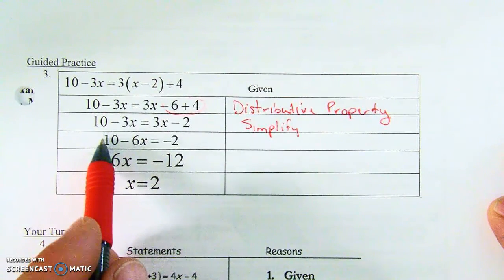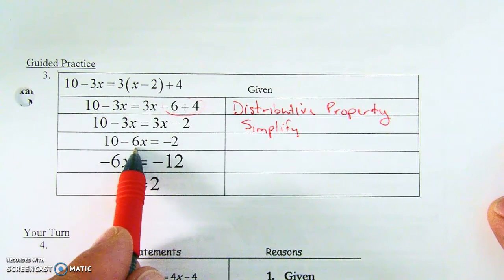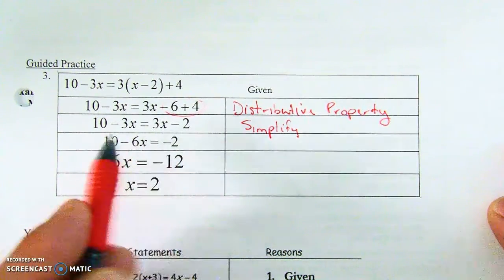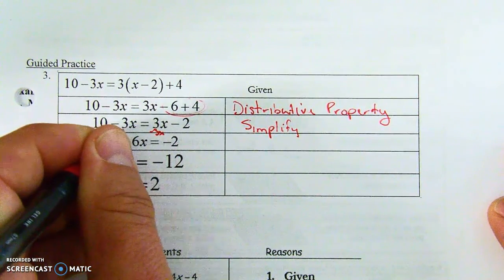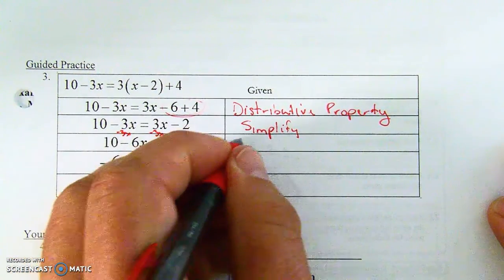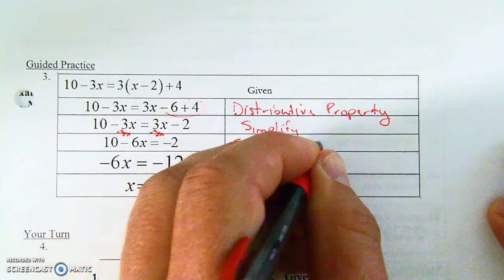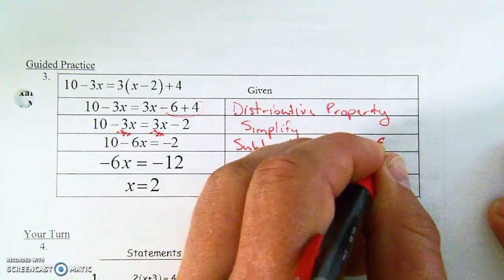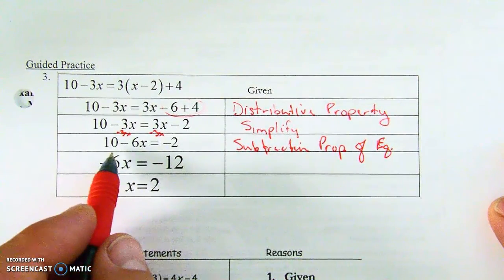Okay, then we look here and all of a sudden it goes from 10 minus 3x to 10 minus 6x. So I'm assuming, and then we only have a negative 2 here, so I'm going to assume that we did this, I'm going to put in here, we minus 3x to both sides, so we did the subtraction. I'm just shortening things up here, prop of equality. So we did subtraction, and that's how we got to this point.